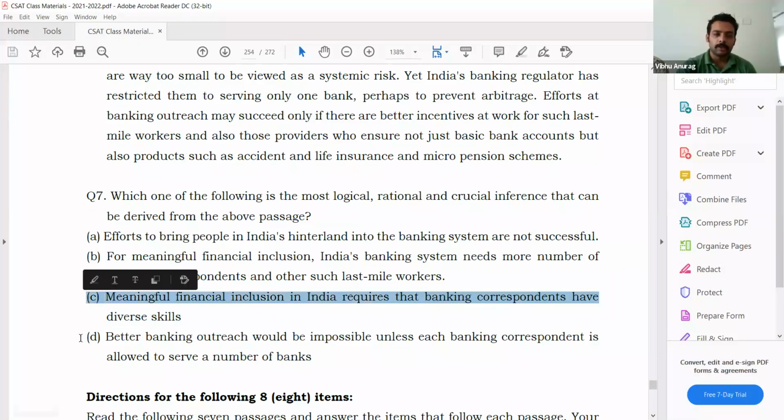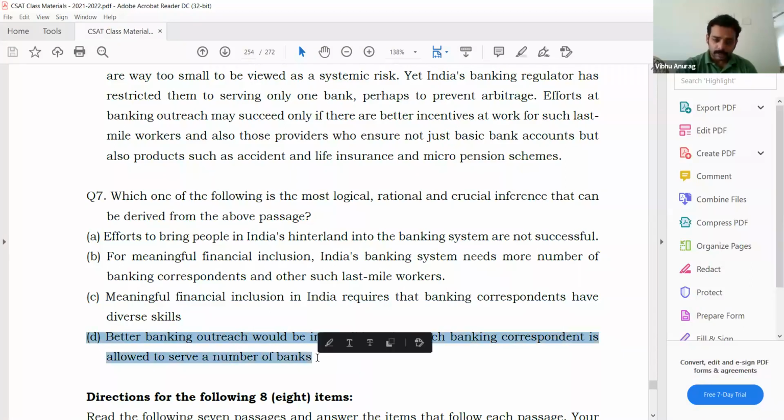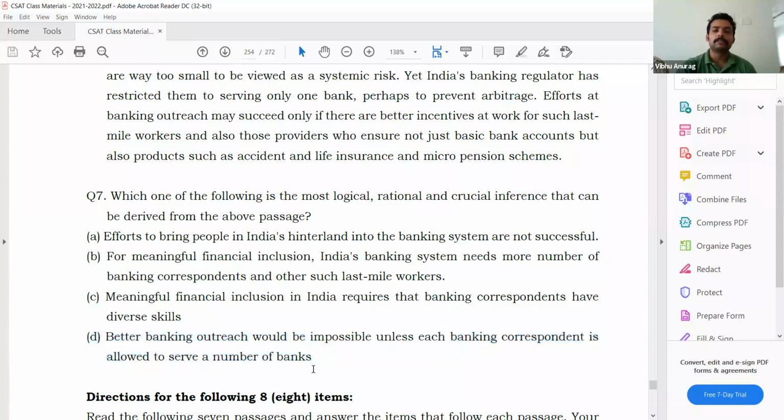So C is wrong. And D, better banking outreach would be impossible unless each banking correspondent is allowed to serve a number of banks. He's not saying that, it's an extreme statement. It's not implied that it is impossible until and unless each and every correspondent is given the opportunity to serve several banks. So B is the best option.